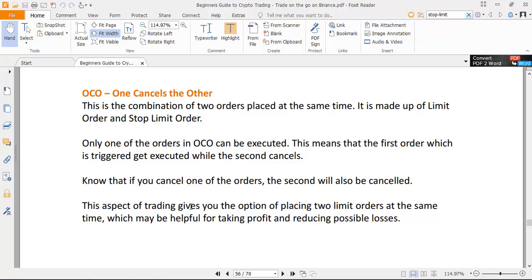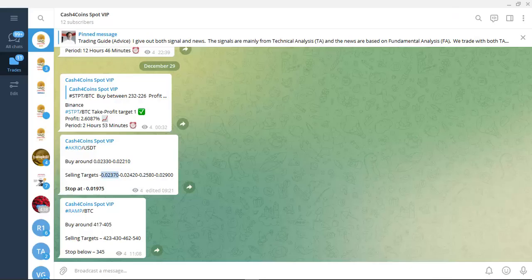This aspect of trading gives you the option of placing two limit orders at the same time, which may be helpful for taking profit and also reducing possible losses. Therefore, we are going to make use of this stop loss here when we have bought either between this price or between this price.